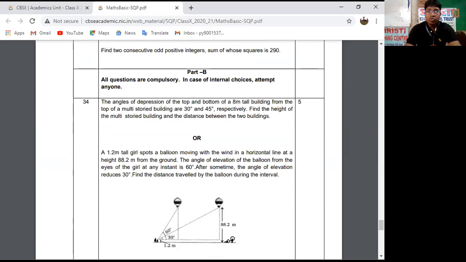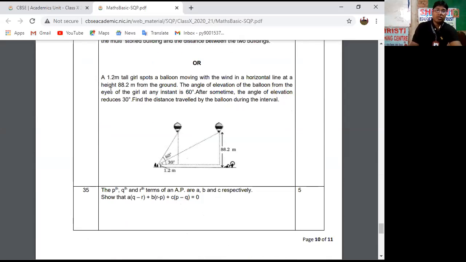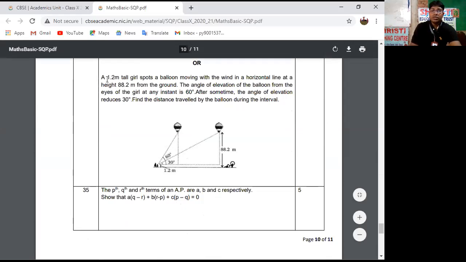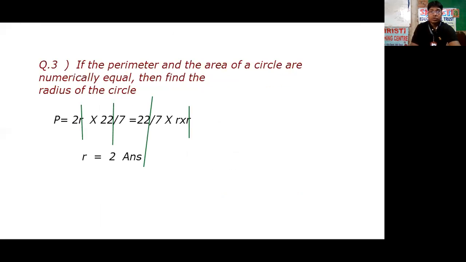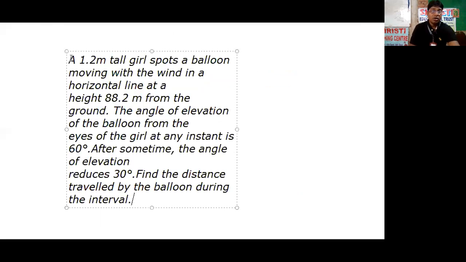If you consider one more question here, what is given in the question? It is mentioned here: a 1.2 meter tall girl spots a balloon moving with the wind. This is the next question, which is a question of height and distance.